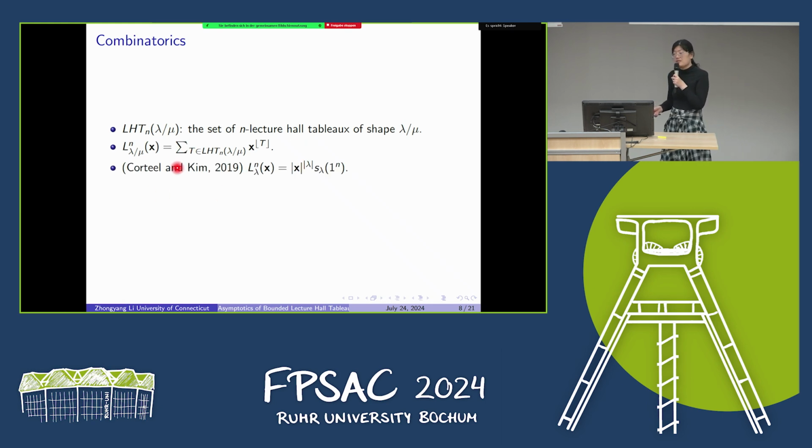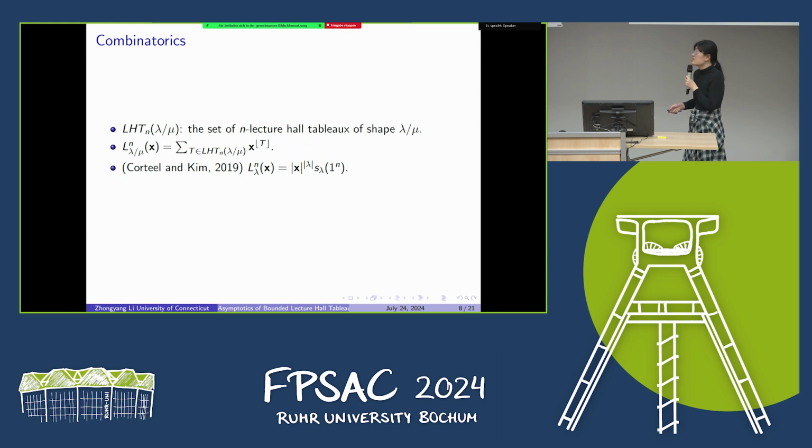Then Corteel and Kim gave a combinatorial formula for the partition function of lecture hall tableaux. If we just have a partition lambda and n-lecture hall tableaux, the partition function is equal to the following. If we assume this lecture hall tableau is bounded by T, so capital T is less than or equal to lowercase t, then the absolute value of x is the sum of x_1, x_2, up to x_t, and this is the absolute value of x to the power of the size of lambda, lambda_1 plus lambda_2 plus ... plus lambda_n, multiplied by the Schur polynomial.